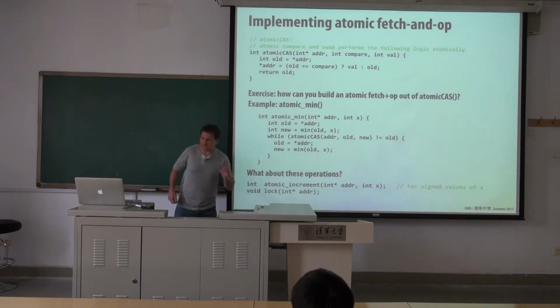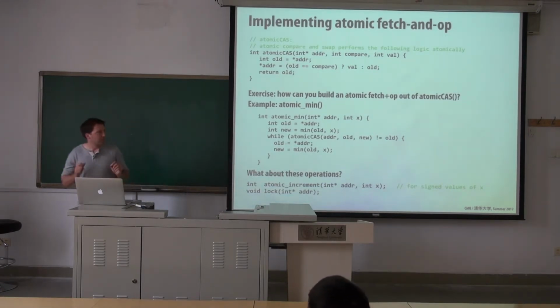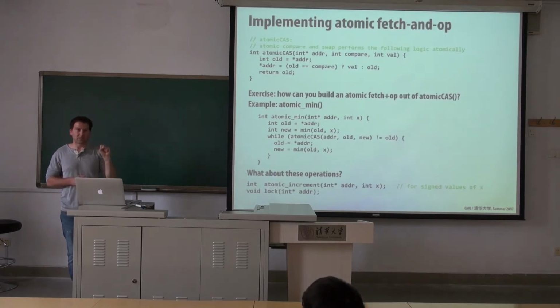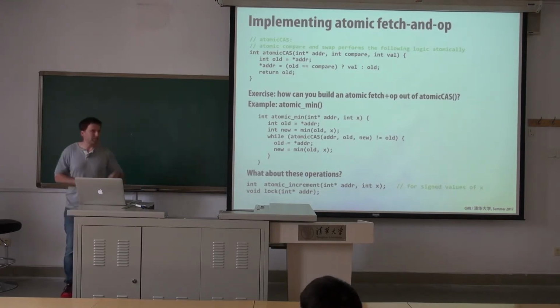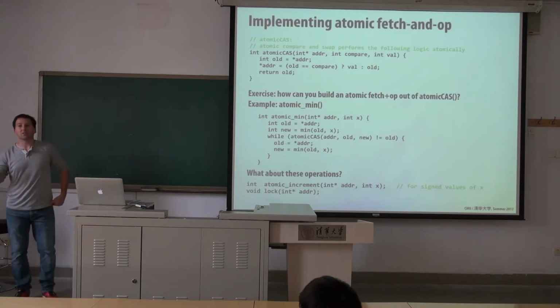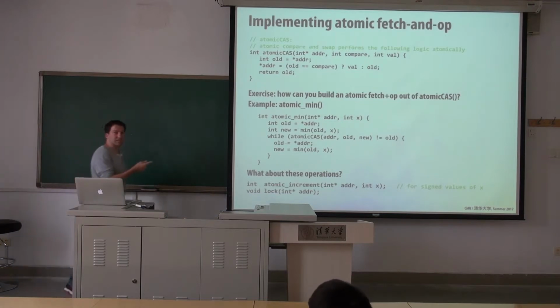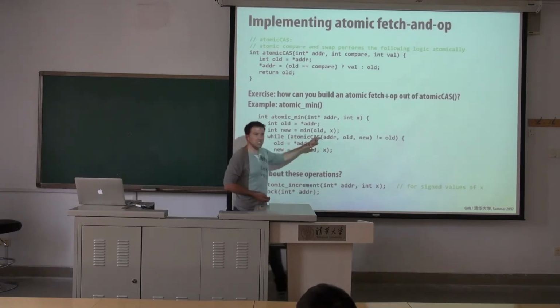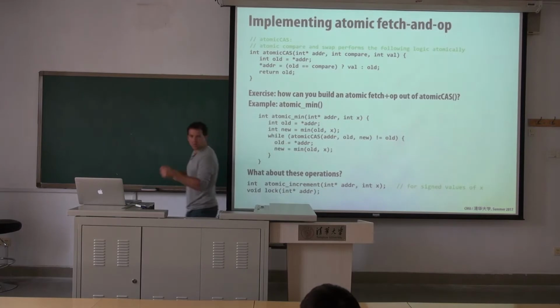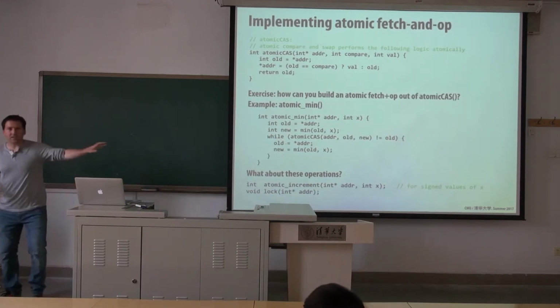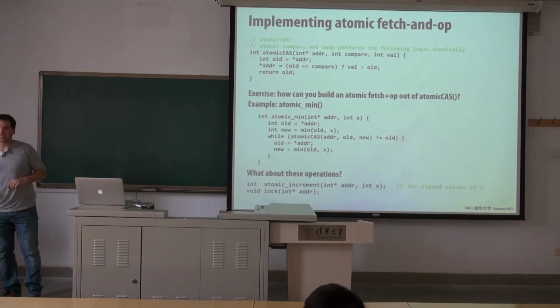That's right. To be atomic, it means I need to read the value, compute the min, and write the results, all without anybody else making any changes. So what I'm doing is making a note of what the value was when I started. Then I'm using atomic compare and swap to check whether, while I was doing my work, any other thread came in and changed things.